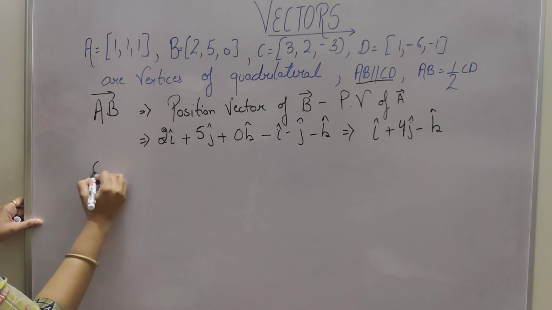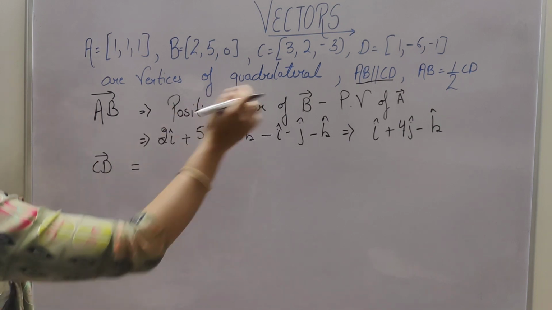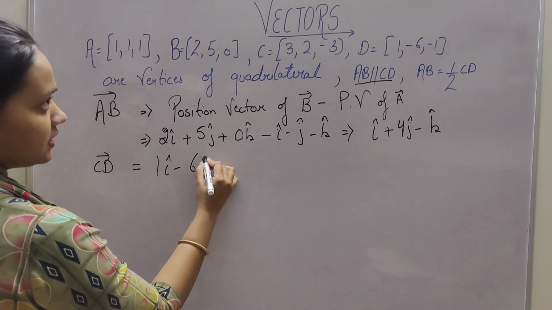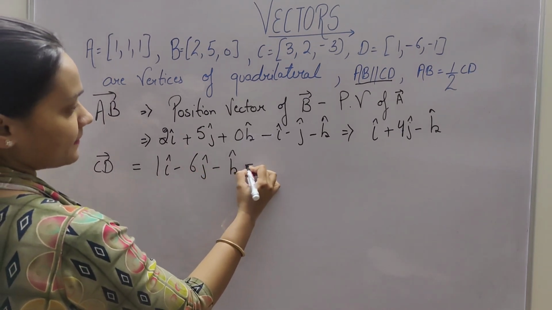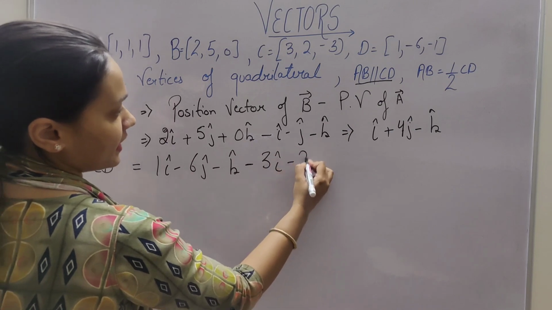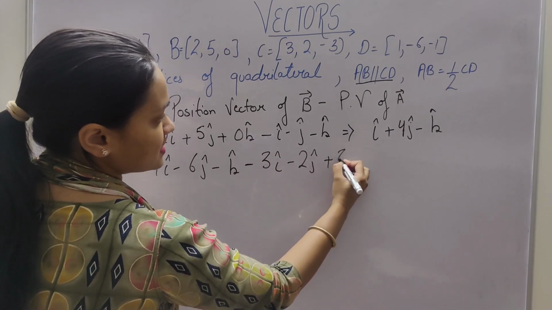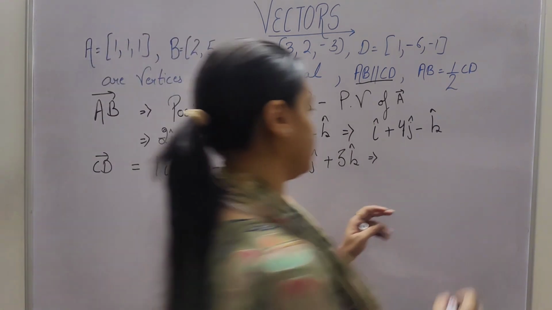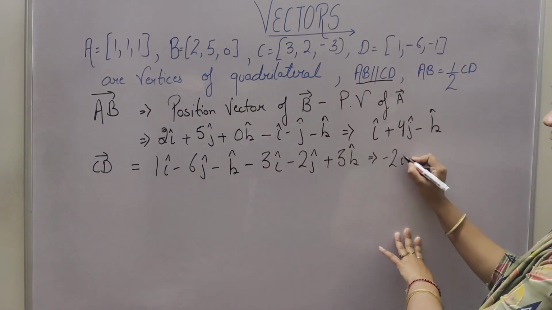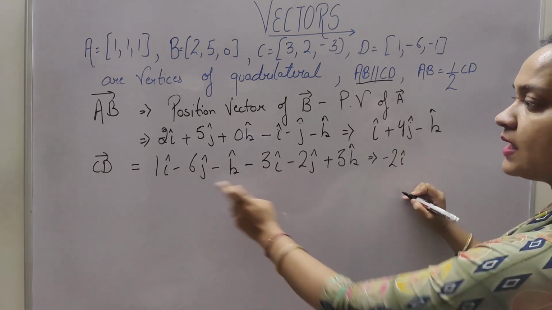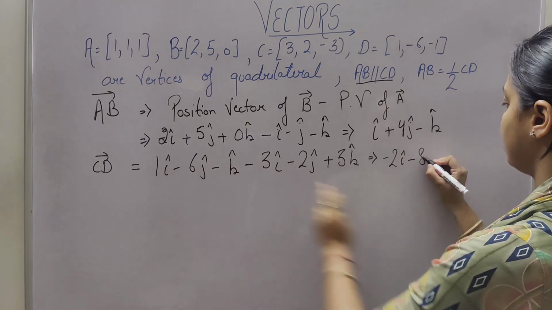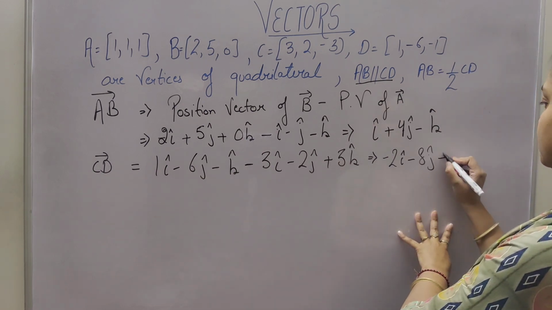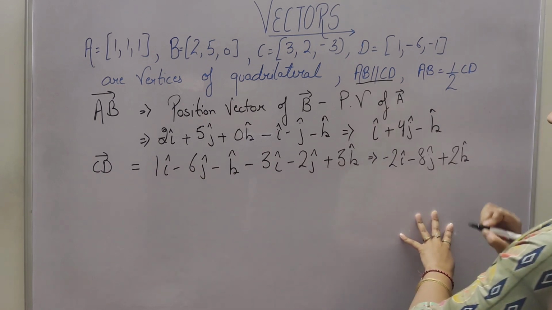Now calculating it on CD as well. D minus C: 1i minus 6j minus k minus 3i minus 2j plus 3k. So the value comes here as minus 2i, minus 6 minus 2 is minus 8j, minus 1 plus 2 is 2k.